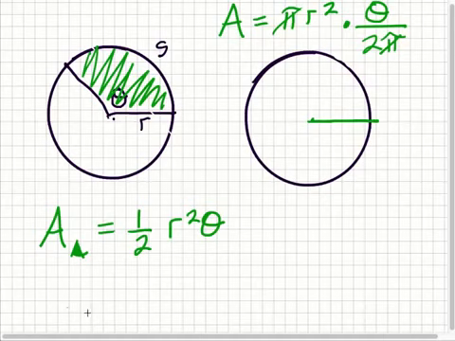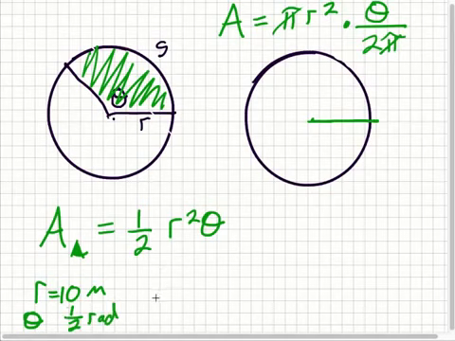So let's try one and see what we get. What's the area of a sector that has a radius of 10 meters, so r equals 10 meters, and has an angle theta of 1/2 radian?